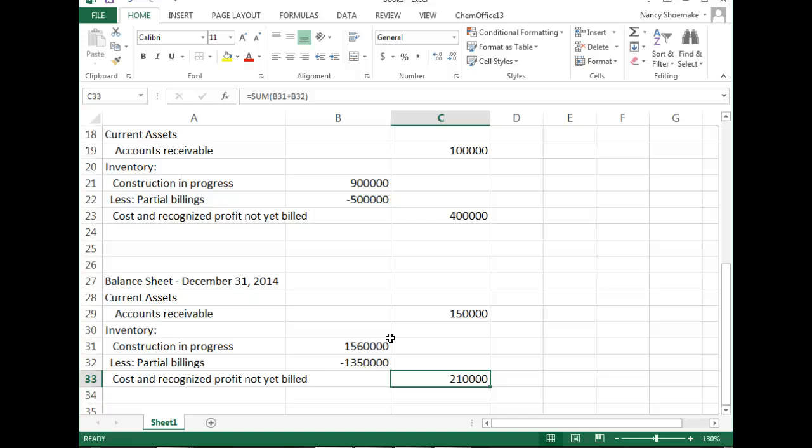It's an asset because even though we've recognized it on our income statement, since we haven't billed it yet, it's kind of like an accounts receivable. But it's technically not an accounts receivable because we haven't billed it yet. So it's an asset that we're due. You know, it's in the inventory account.